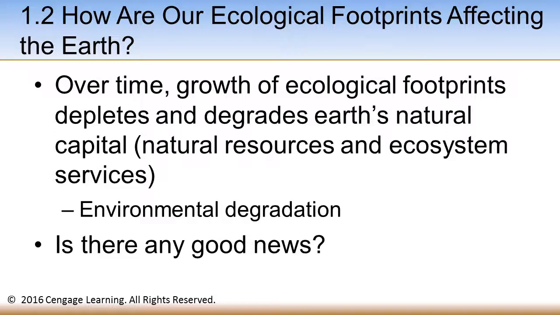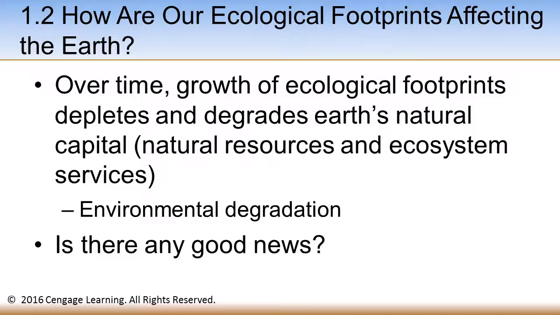The Gulf of Mexico is known as one of the largest dead zones in the world, where the area seasonally has lack of dissolved oxygen in the water due to heavy nutrient loading. So those are two examples of environmental degradation.